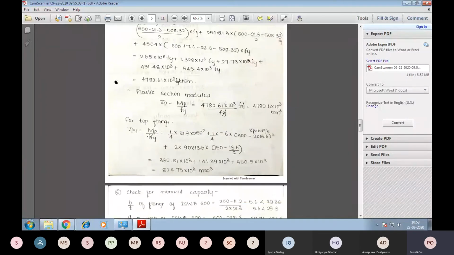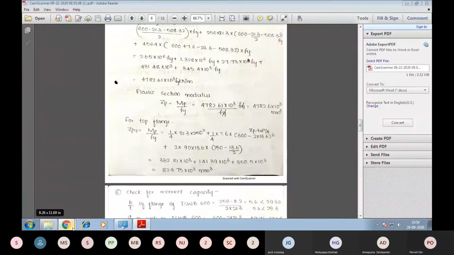So now for the top flange section, we have to calculate the section modulus separately, because in the design already we have assumed that the whole section resists the vertical loads. Whole section will be resisting the vertical force, and only the horizontal force will be resisted by the compression flange. These are the two assumptions which we have carried out during the beginning of the design, right?